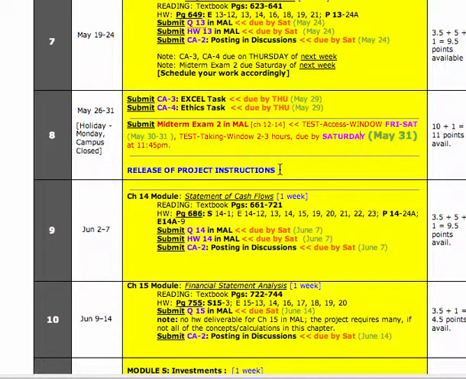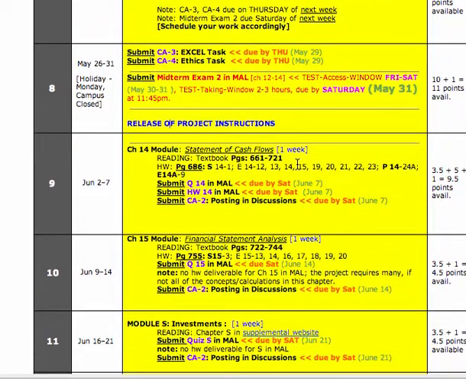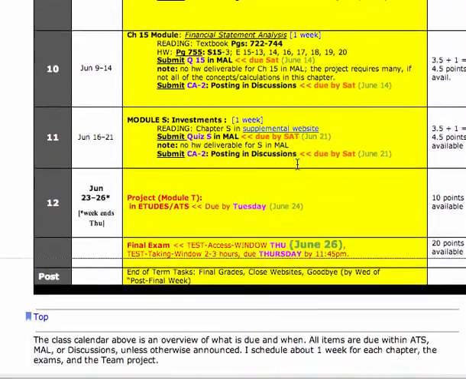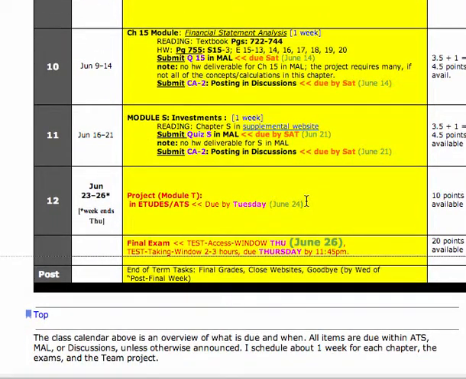On that same week, I will release officially the updated instructions to your projects. Then that project is due in the last week of the quarter on Tuesday, June 24th, and then 2 days later, the final exam opens and closes on Thursday, June 26th.